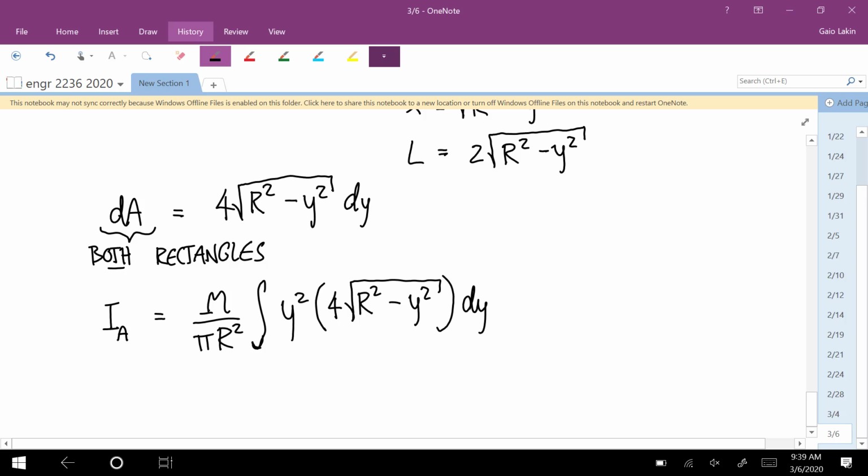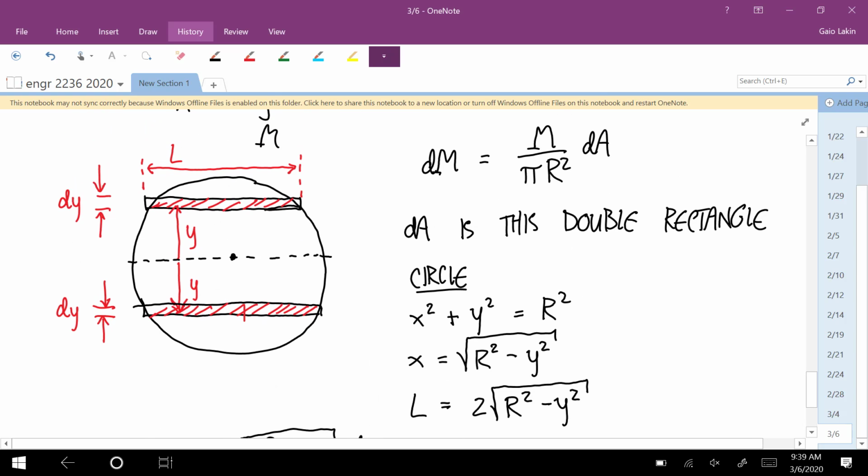And what are the bounds of integration? 0 to R, yeah. The biggest y value you'll get is when you get all the way to the outer edge of that circle, and that's going to be big R. Y is equal to big R. Yep.